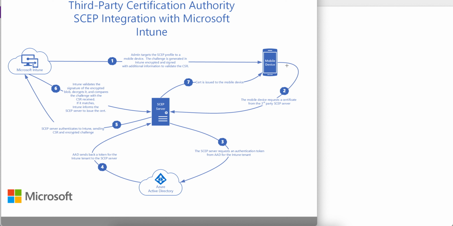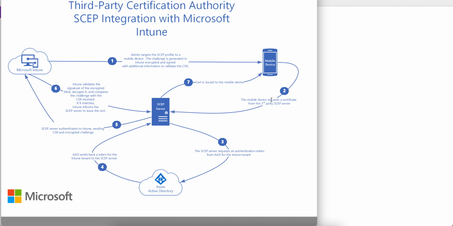Then the devices check in to Intune, and the mobile devices request the certificate from the third-party SCEP server. Intune creates a unique SCEP challenge. It also adds an additional integrity check, such as what the expected SANs should be, and then Intune encrypts and signs both the challenge and the integrity check, and sends this information to the device.